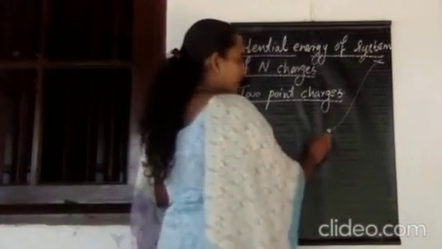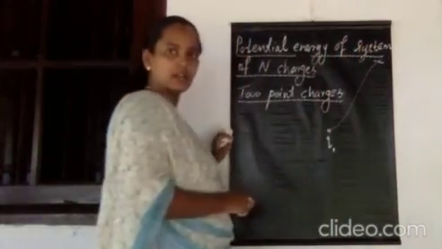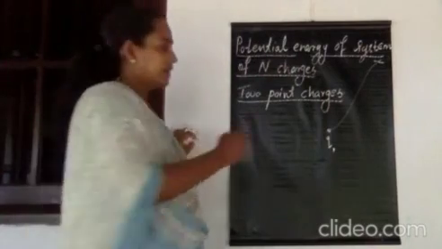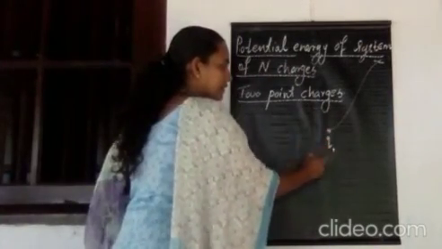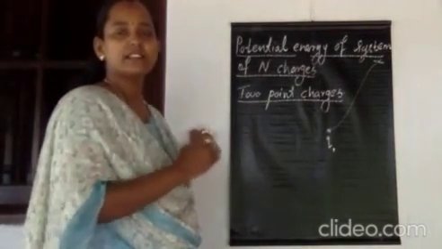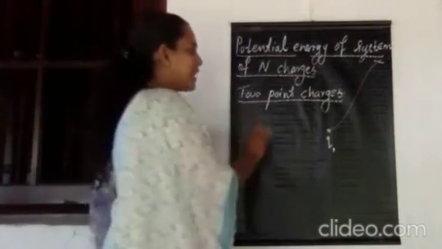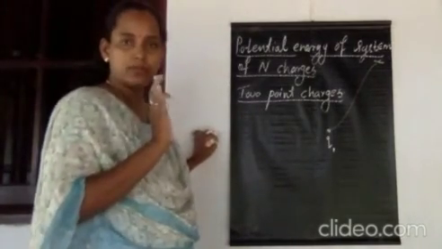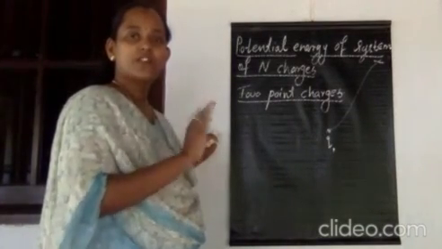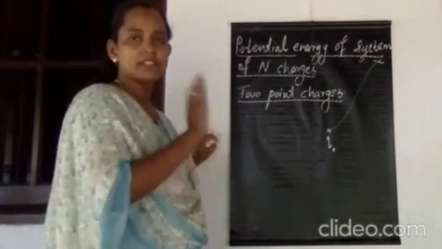So this charge Q1 is coming from infinity to a given point, into a field free region. There is no presence of any other external field. Therefore, the work done to bring that charge is 0. Why? Because potential energy means the amount of work done to bring a charge from infinity to a given point in the presence of an external electric field.